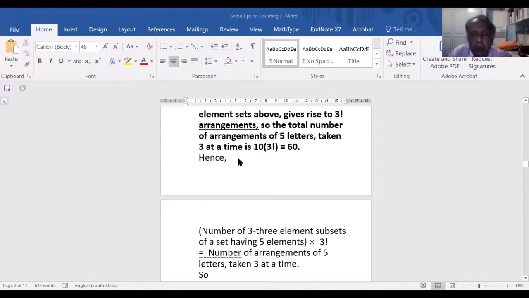So how do you get the 10? The 10 can be obtained like this. The 10 is equal to 60 over 3 factorial. And the 60 was the number of arrangements of 5 objects, and that is 5 factorial over 5 minus 3.